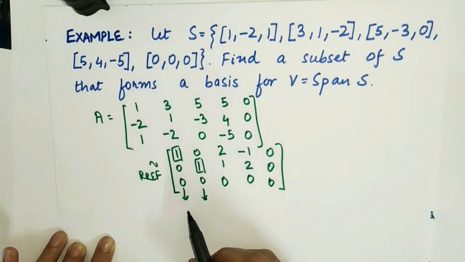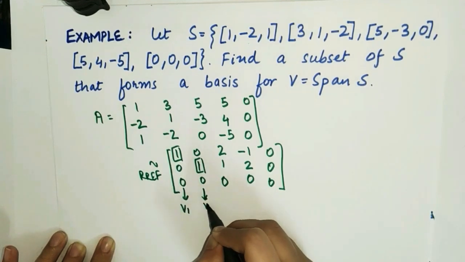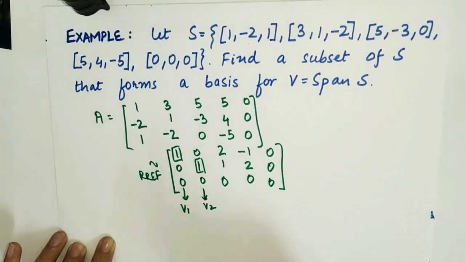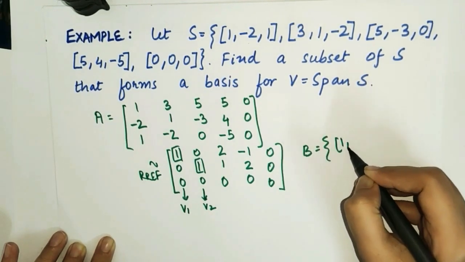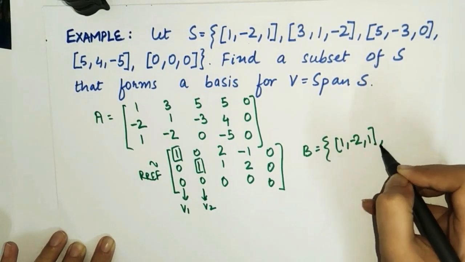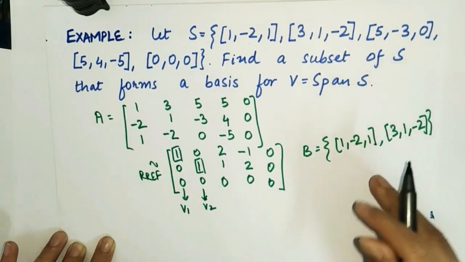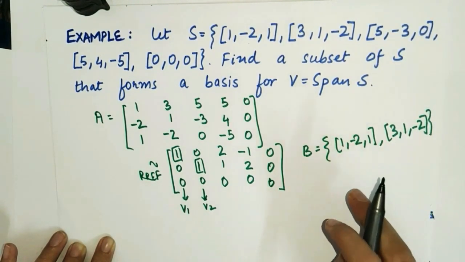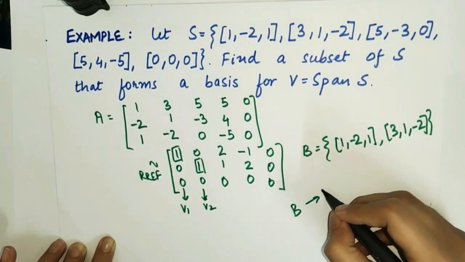So that means vectors corresponding to these, my vector v1 and vector v2, will constitute B. So B is equal to 1, minus 2, 1, 3, 1, minus 2. So this is my maximal linearly independent subset of S. So B is my basis.